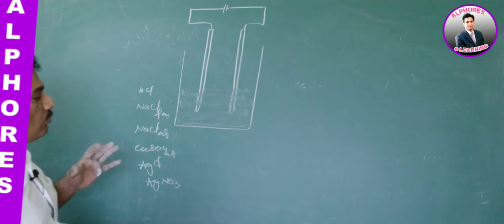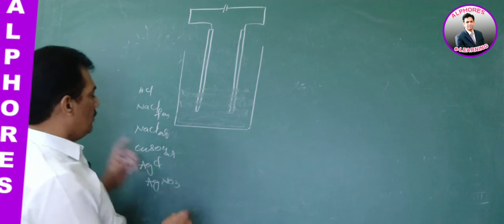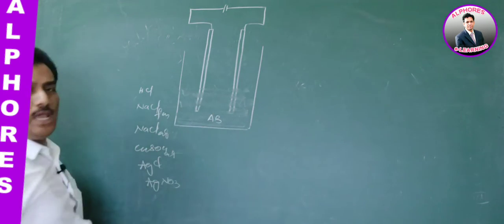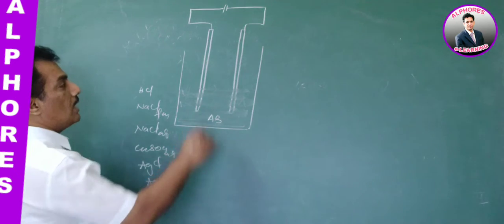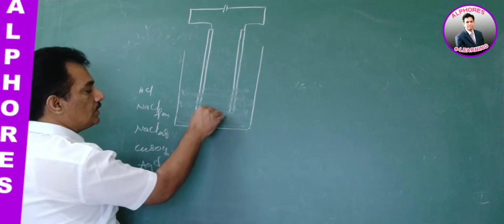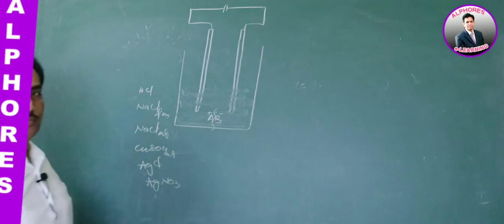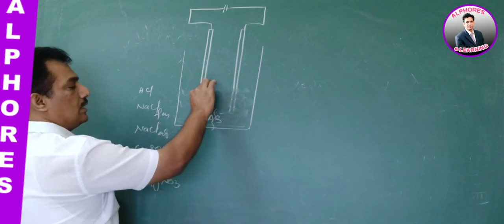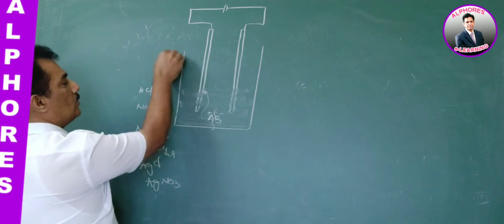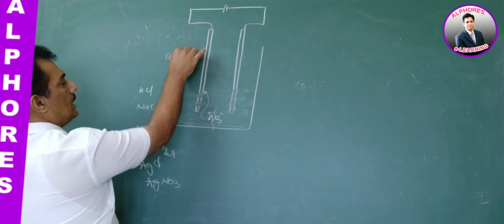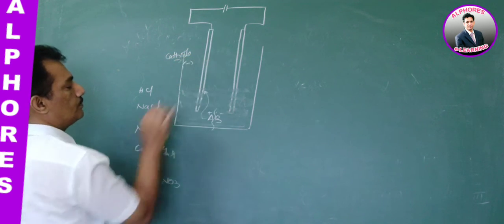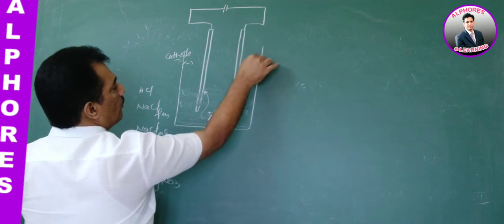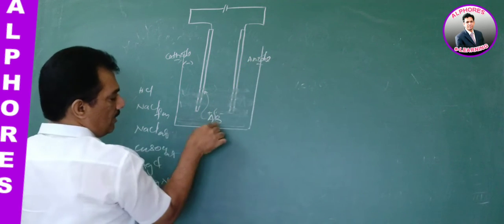Let us consider the simple formula AB. When current is passed, it dissociates into cation and anion. The cation migrates towards the cathode, which has a negative charge to attract the positive charge, and the anion migrates towards the anode, which must be positive to attract the negative charge.